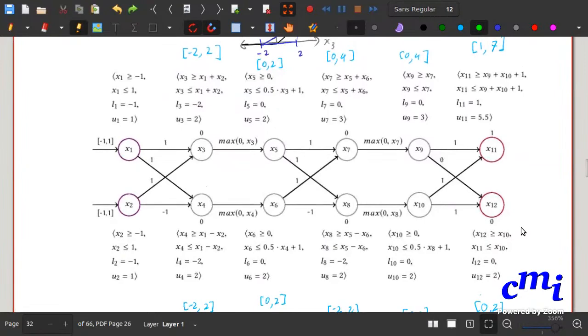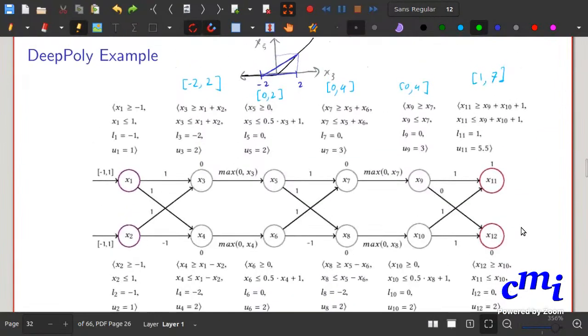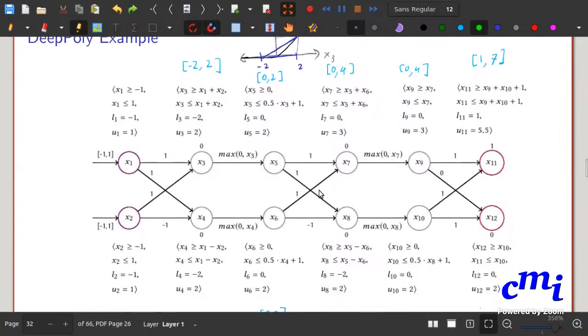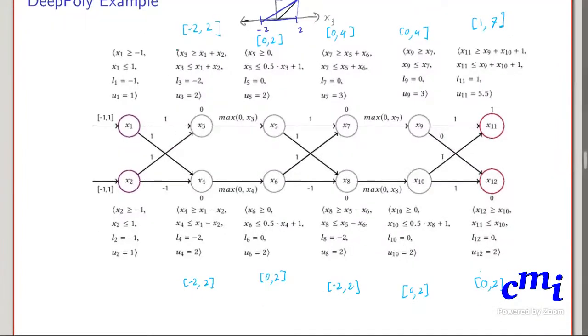So the only thing is that I might have to scroll, but that is fine. So there's these light blue values here, which are actually the previous values, the intervals that we calculated previously, and I've kept them here just for comparison's sake to show how we are doing better by using the DeepPoly domain, right?